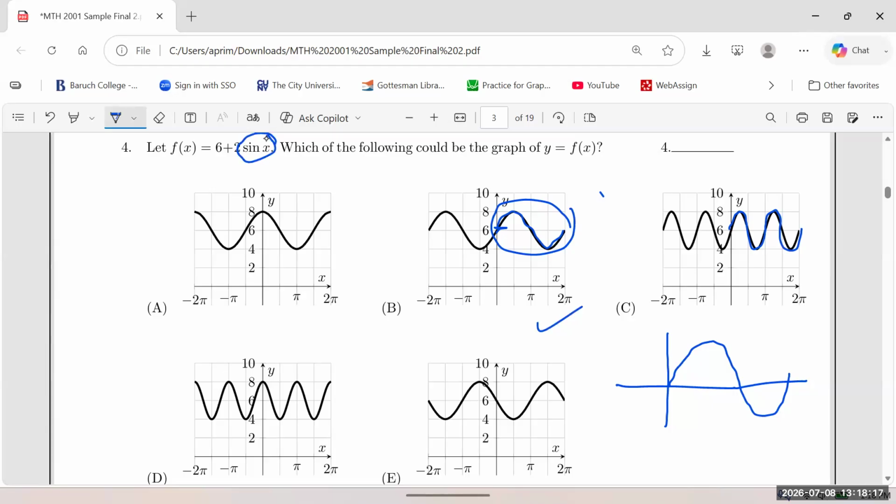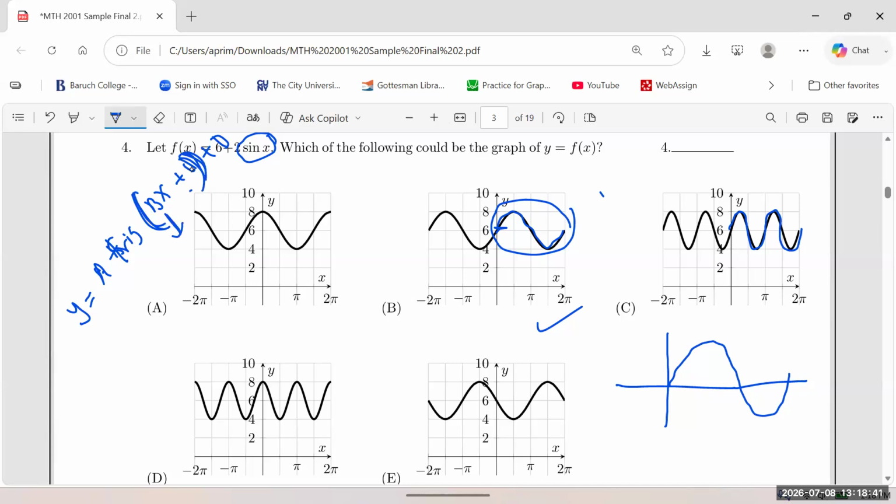What is your b here? The format is y equals a times the trig of bx plus c, plus d, something like that. So whatever we have inside the trig, that's going to give you b in front of the x.